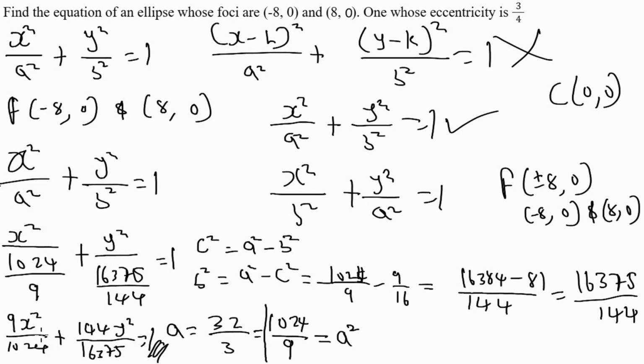Like reduction of 1024, 1024 divided by 9, I got 113.77. And that's A squared. Now when I do 16,375 divided by 144, I still get 113.715. Meanwhile, the value of A has to be more than the value of B. So I was wondering where the mistake is.